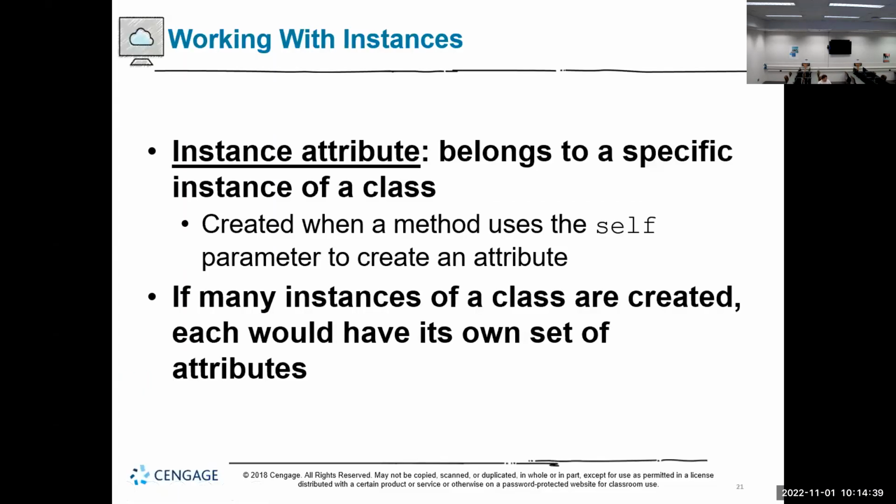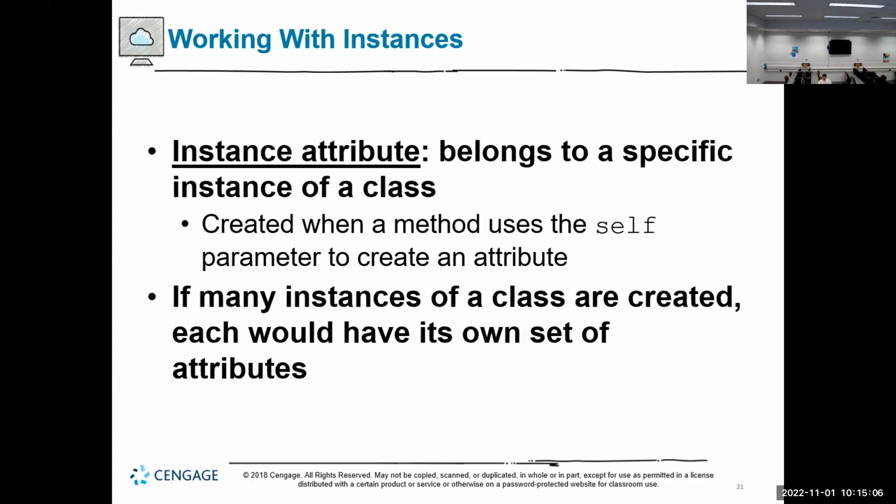Now you work with instances. You know that an instance is what you generate from a class. You define the class, but you can generate multiple instances if you want. An instance attribute belongs to a specific instance of the class only. When you work with a specific instance, each method only works with the instance you are working with.